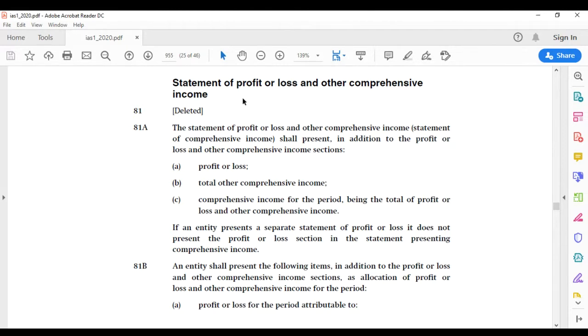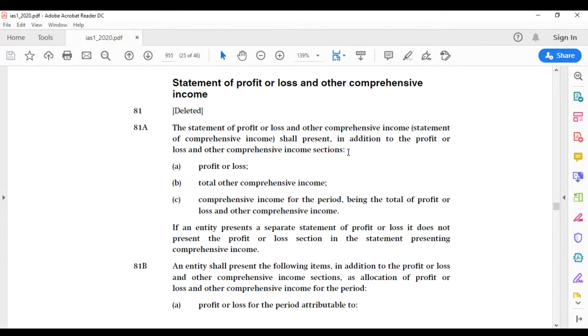Right, so when it comes to the statement of profit and loss and other comprehensive income, we must perhaps just understand that IAS 1 does allow us a one-statement approach or a two-statement approach. The two-statement approach will normally be followed by a company that has many categories of other comprehensive income.